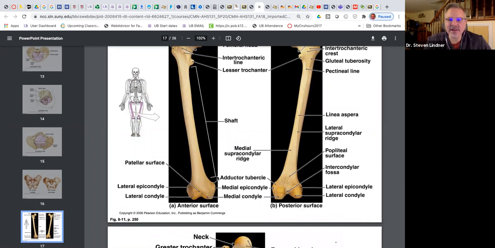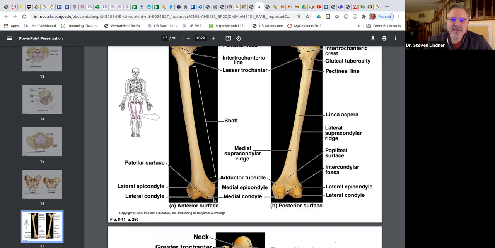It's a very, very large, powerful adductor, as you can tell by the name, adductor magnus, like magnum, huge. So medial condyle, medial epicondyle, and way up at the top, an adductor tubercle for the adductor magnus to attach.